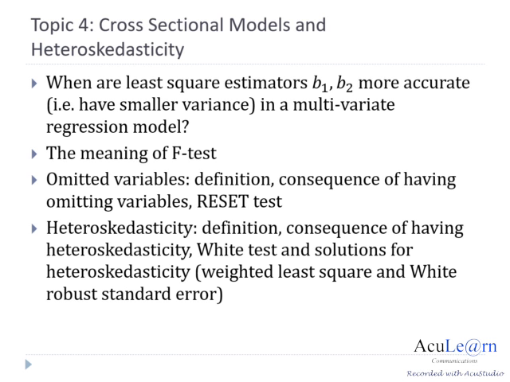In general, when we run the least square models, it's likely that some of the time we miss some variables that also help to explain the dependent variable. And I think you should notice that we can never have a perfect model.